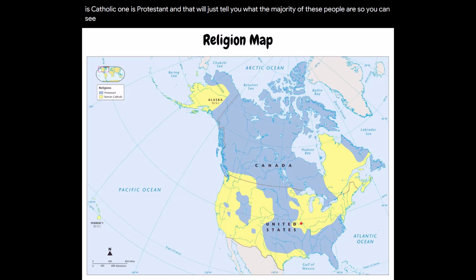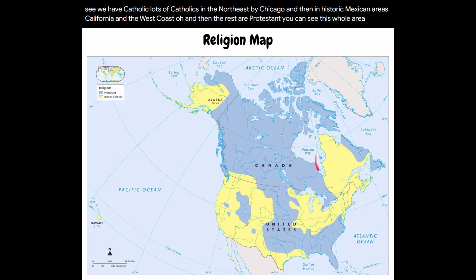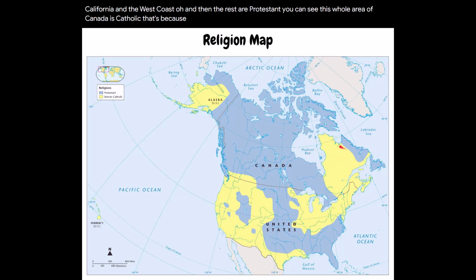So you can see we have lots of Catholics in the Northeast, by Chicago, and then in historic Mexican areas, California and the West Coast. And then the rest are Protestant. You can see this whole area of Canada is Catholic. That's because that's the French province of Quebec.